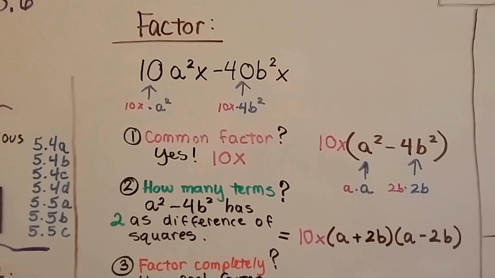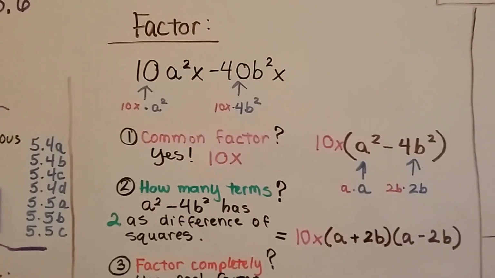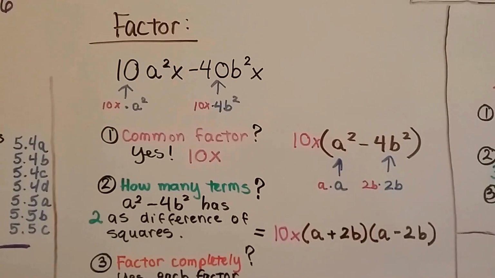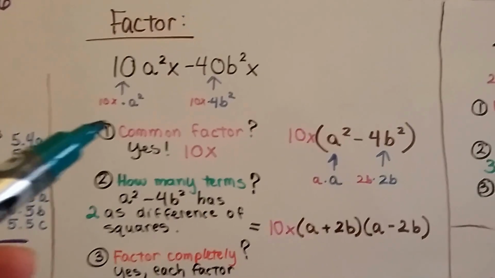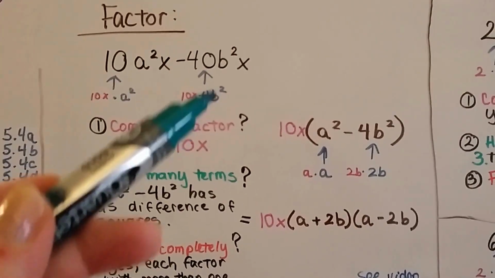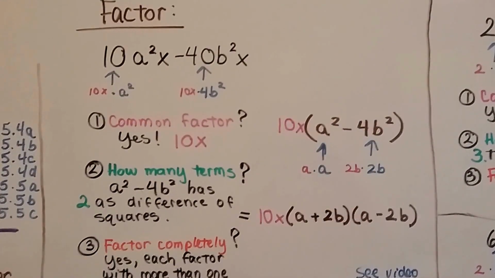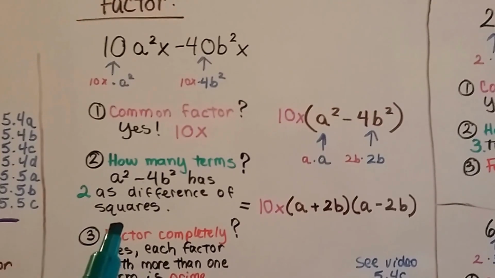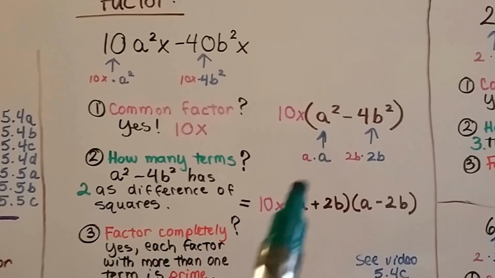So our first one here, we ask ourselves, is there a common factor? Yes, 10x. We can pull out the 10x and we put it in front of the parentheses. And the only thing that's left over is a squared minus 4b squared. That goes in the parentheses. This has 2 terms, and it's the difference of squares.